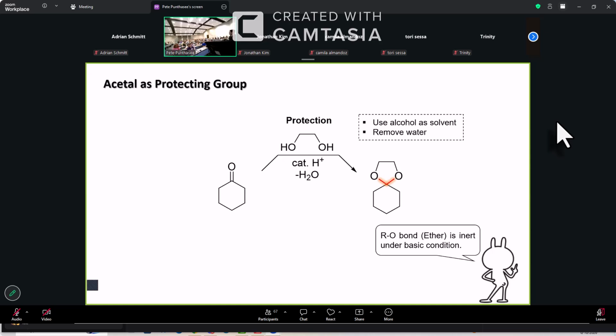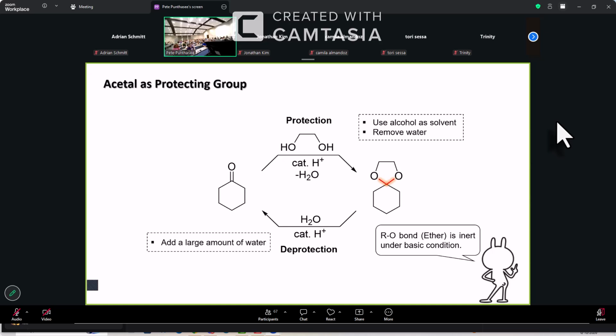Because when you add an acid, you can remove it under acidic condition. We'll talk about mechanism later. So we use ethylene glycol to protect aldehyde or ketone, and this guy is stable under basic condition. This is protection and then deprotection.